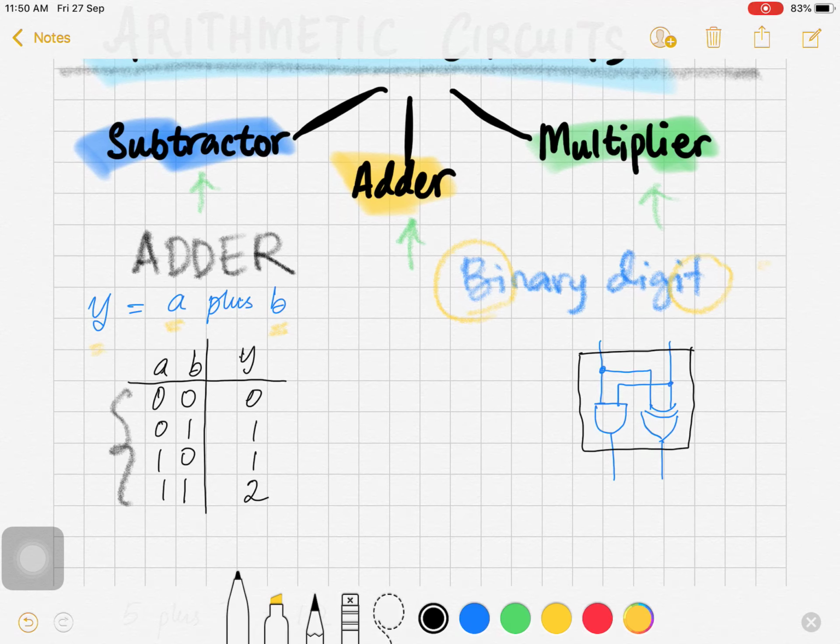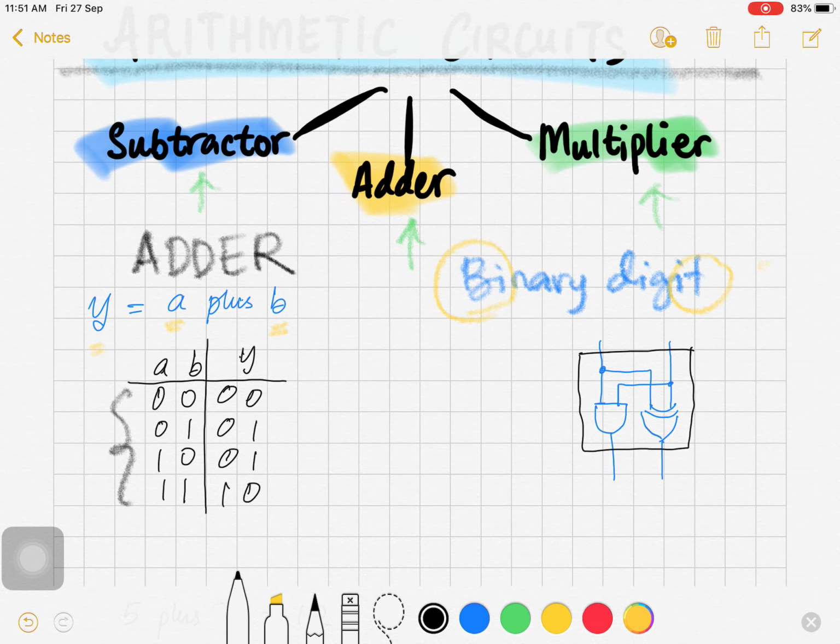Writing y in the binary representation, we replace this with 1 0, and let others fill with 0. Here we know that even though A and B are 1 bit, y is not 1 bit, because the largest value of y is 2, which is 10, that is 2 bits.